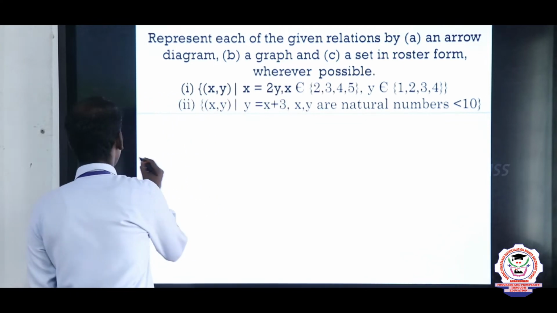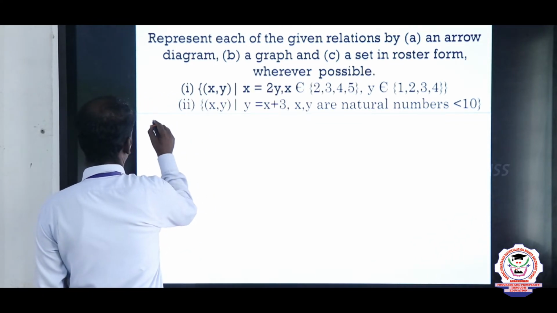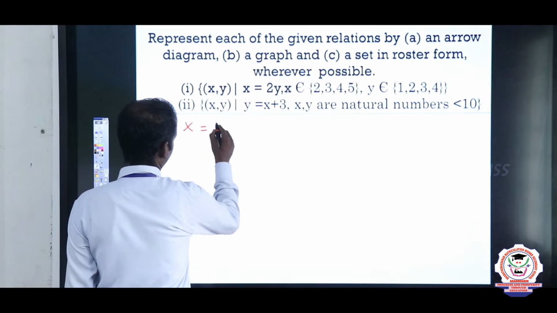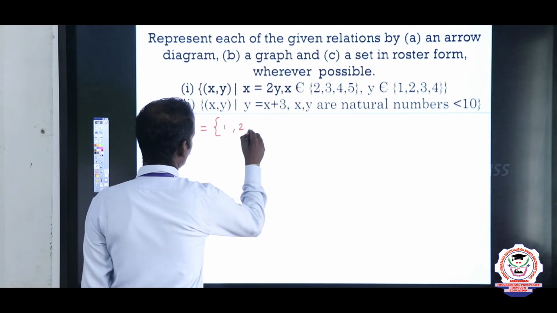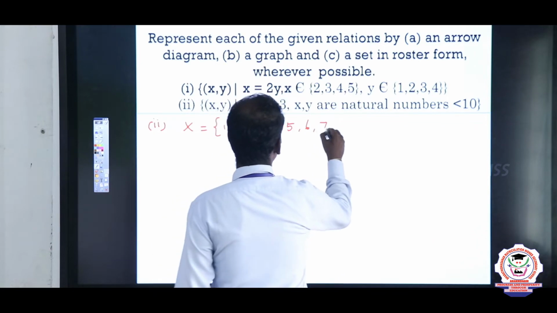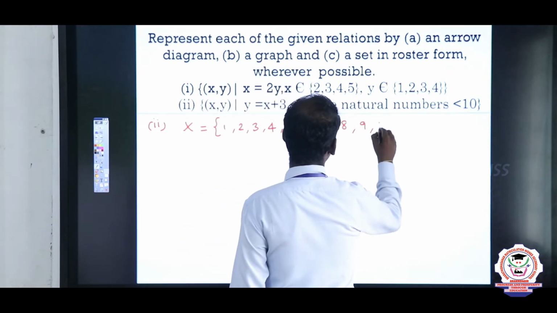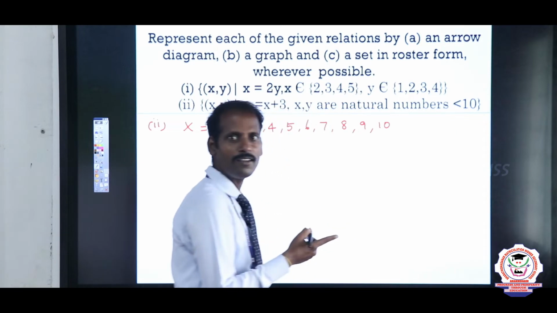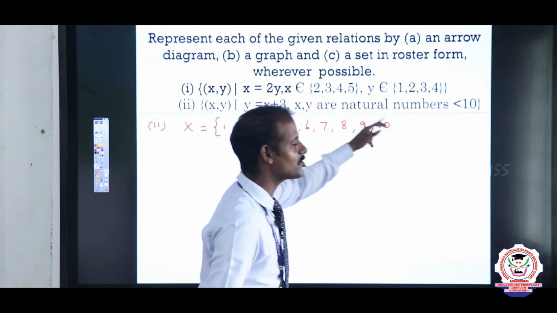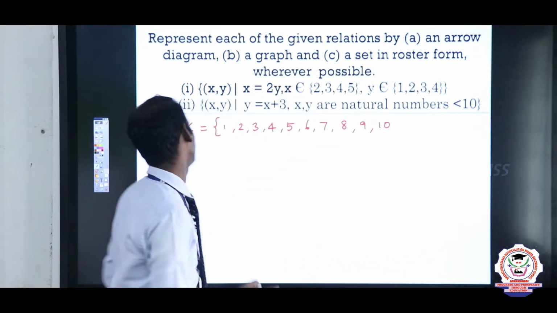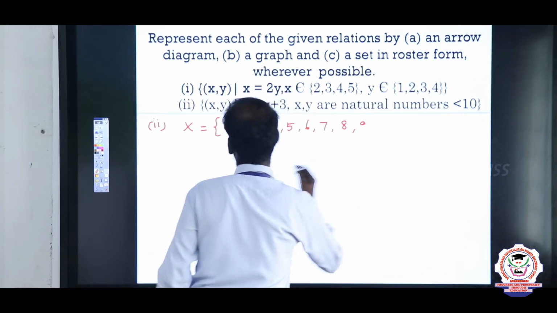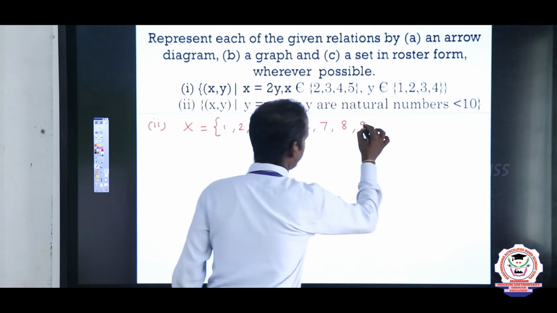So here, in the second sum, the x values are 1, 2, 3, 4, 5, 6, 7, 8, 9. Is 10 possible? No. Why? Because x, y are natural numbers less than 10, so you do not write 10, up to 9.